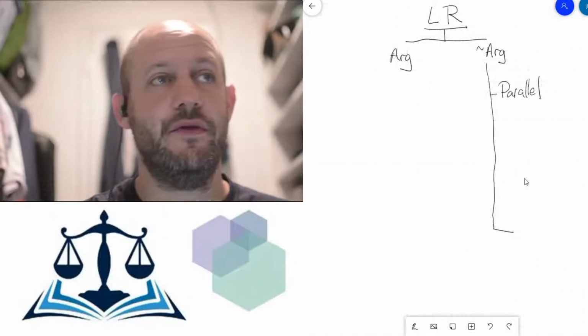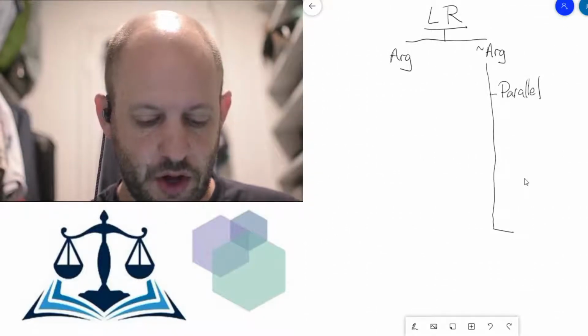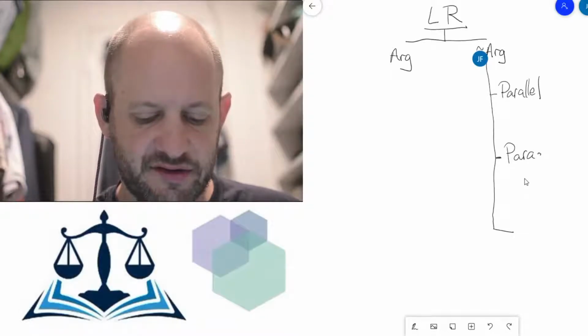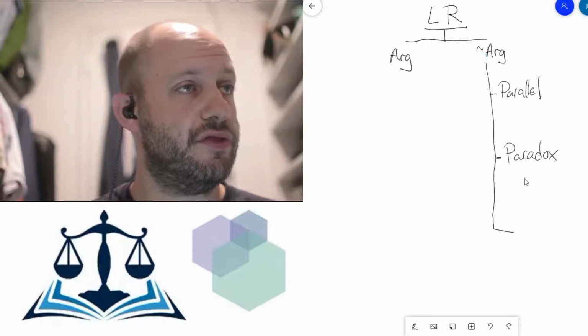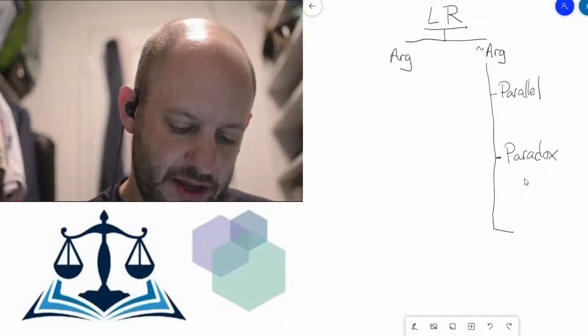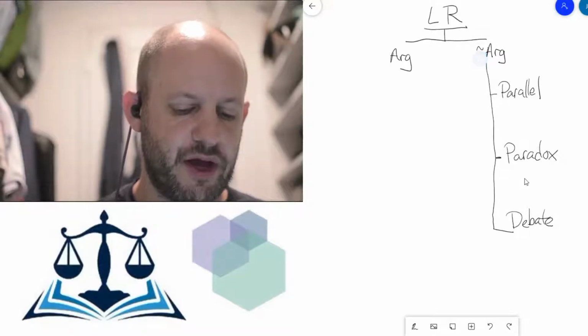Here, I'm going to zoom out a little bit so we can see everything. Parallel arguments, parallel principles. Choice number 2 is a paradox. And choice number 3 is a debate. So let's describe what these three things are, okay?